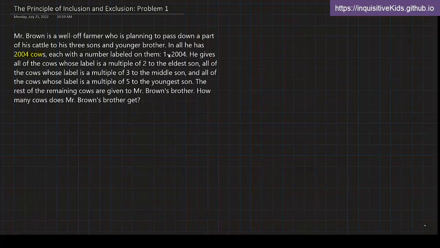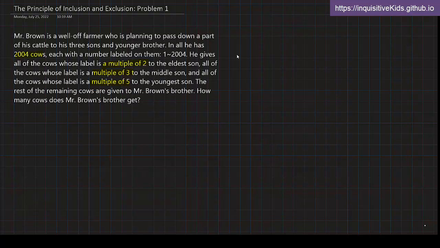He gives all of the cows whose label is a multiple of 2 to the eldest son, and all of the cows whose label is a multiple of 3 to the middle son, and all of the cows whose label is a multiple of 5 to the youngest son. The rest of the remaining cows are given to Mr. Brown's brother. How many cows does Mr. Brown's brother get? So this is a typical principle of inclusion and exclusion problem.